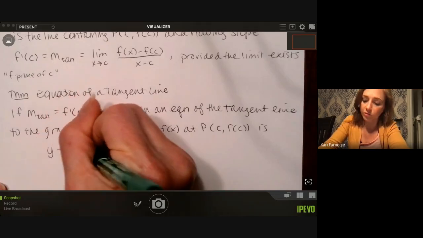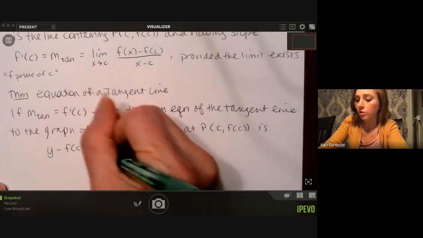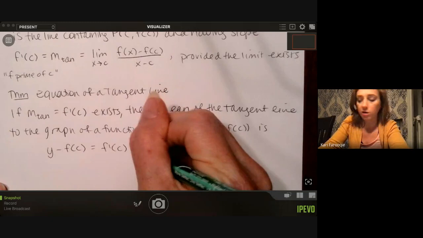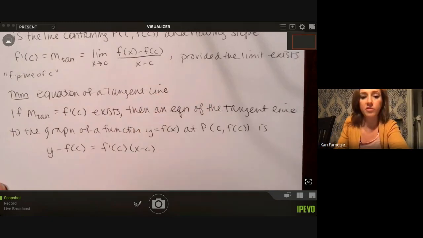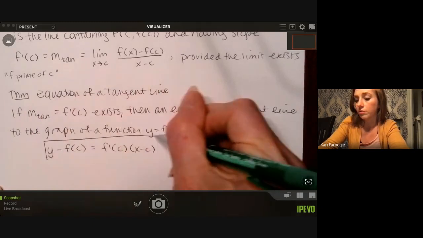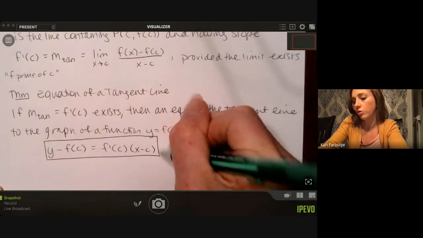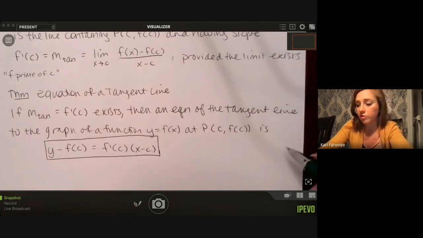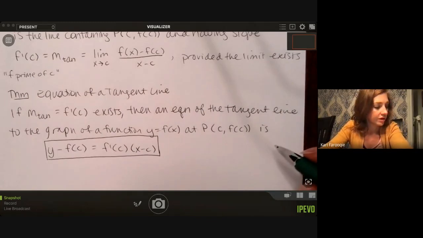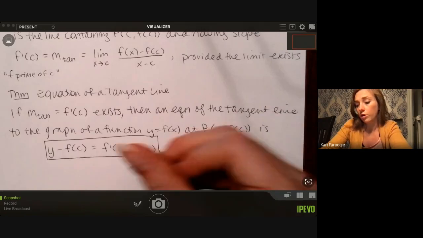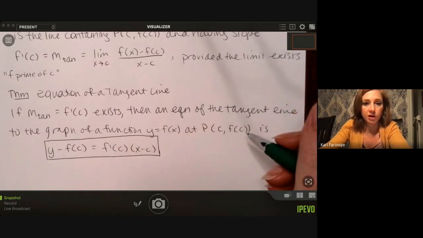y minus f of c equals f prime of c times x minus c. Now this is going to come back at some point. You might not even see it till you talk about Taylor series later on in Calc 2. I don't want you to feel that, oh, holy cow, this is some crazy formula that I have to memorize.